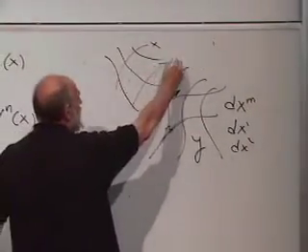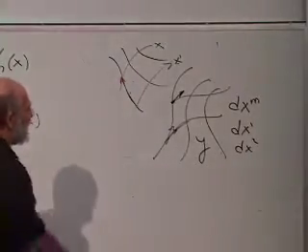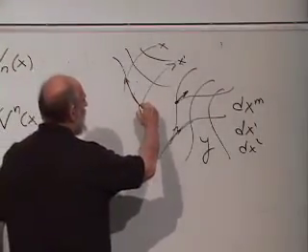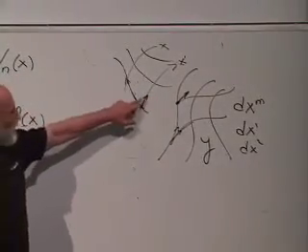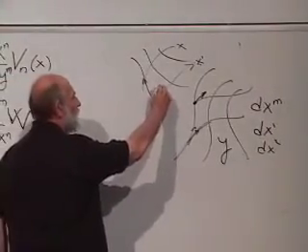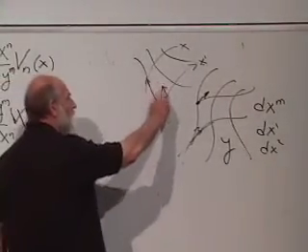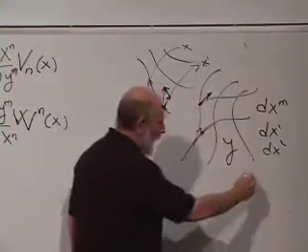Let's say this one is x1. Let's say this one is x2. You build yourself a vector by making an excursion along the x1 axis by dx1, and then along the x2 axis by dx2. And the resultant is the vector that we can just call dx.